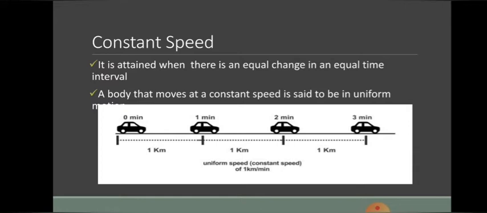So, for every minute as it travels, it reaches 1 kilometer. That is what we call constant speed. Therefore, this car is traveling in uniform motion, since as it travels there are no changes in its speed.